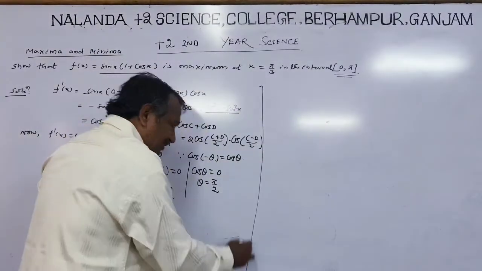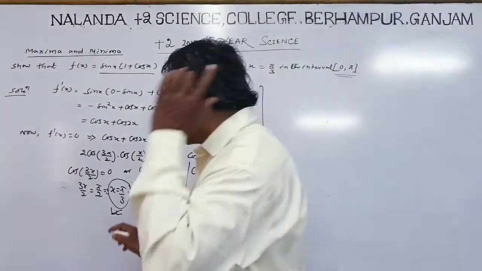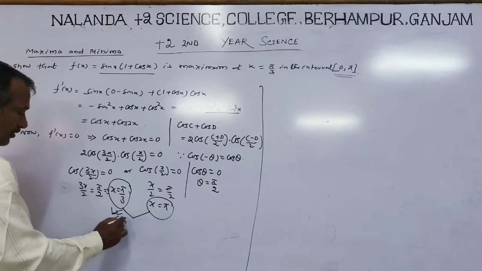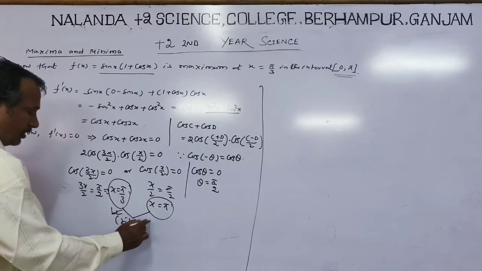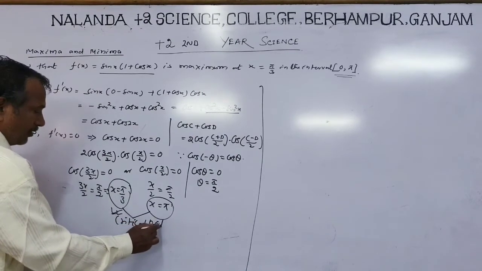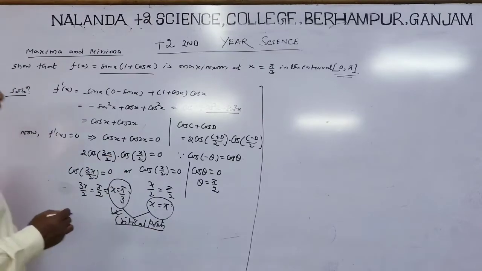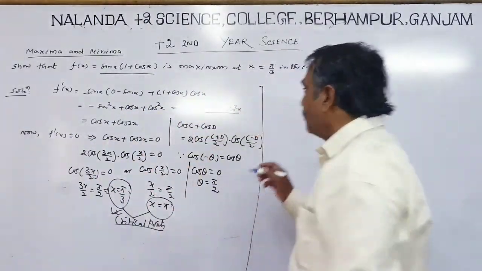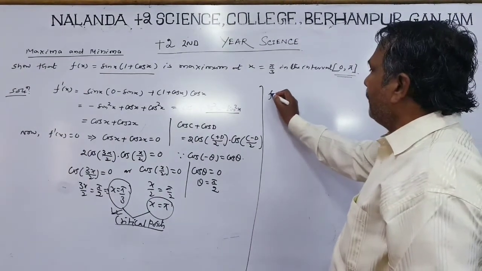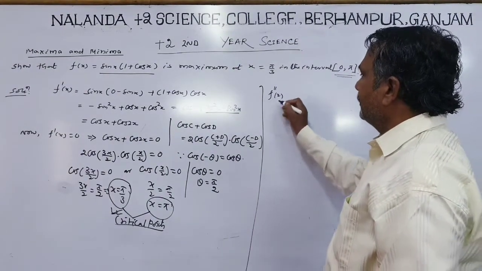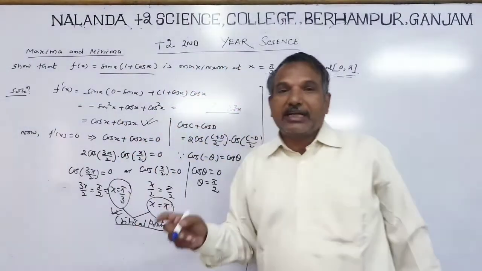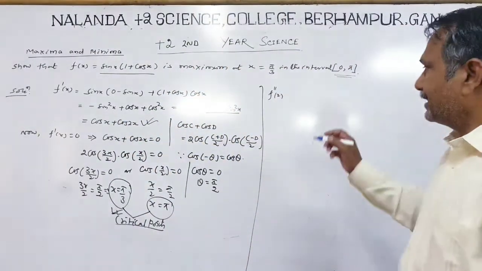Okay, so these two are critical points. Next, find f double dash x. This is f dash x. What is f double dash x? The derivative of cos x is minus sin x.